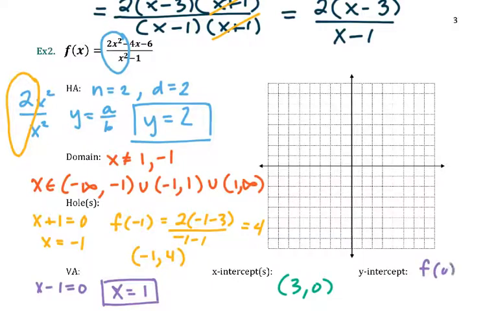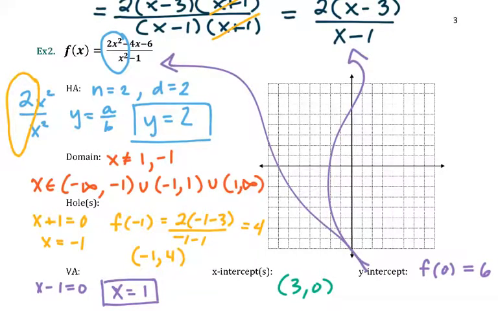F of 0 is going to leave me with returning a 6 as my output. And I can plug the 0 in to the original function. So reduced or original, both work.